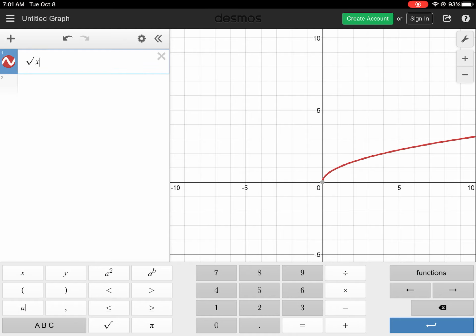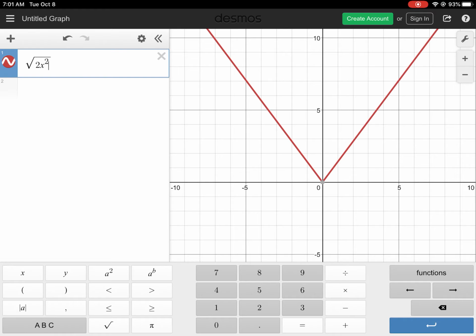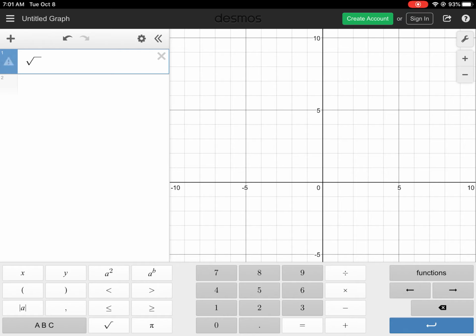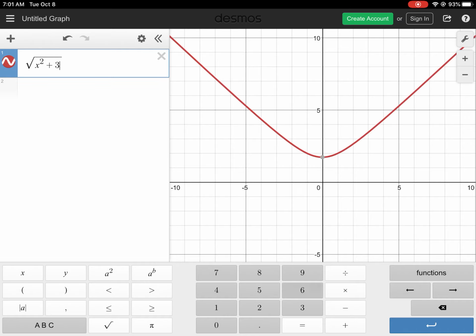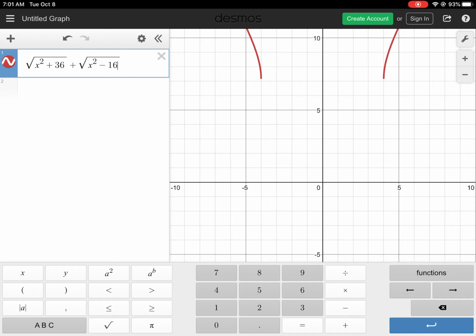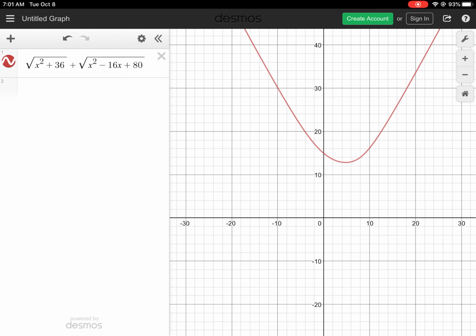So I have the square root of X squared plus 36 plus the square root of X squared minus 16X plus 80. And then now we have a curve, and we look at that minimum, and that's our value.